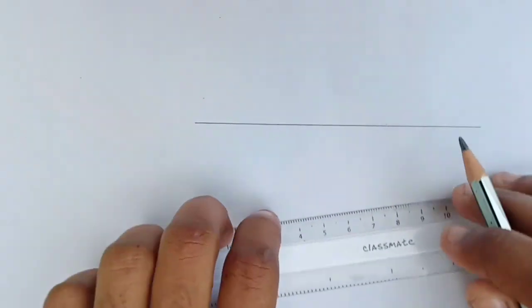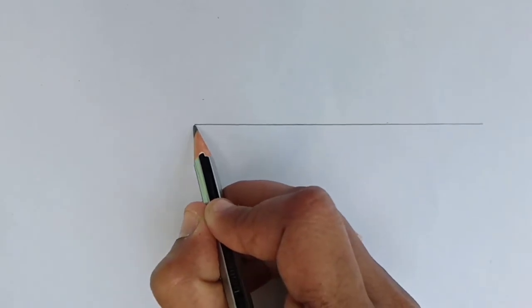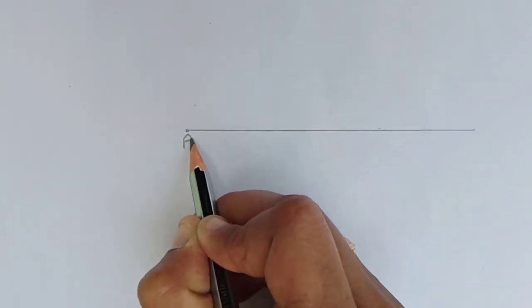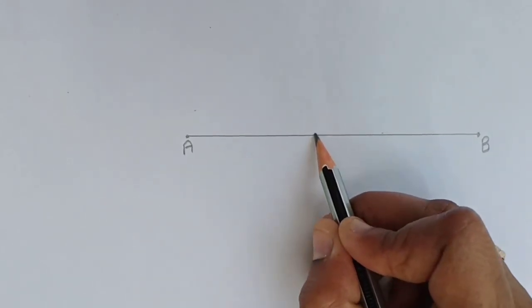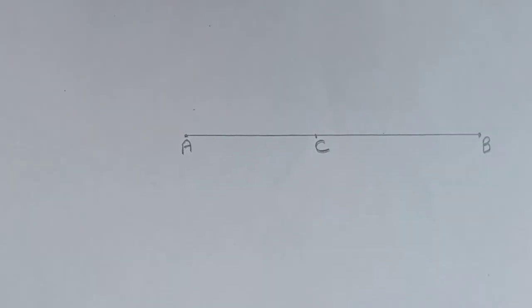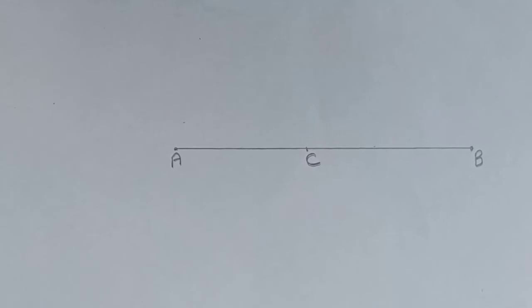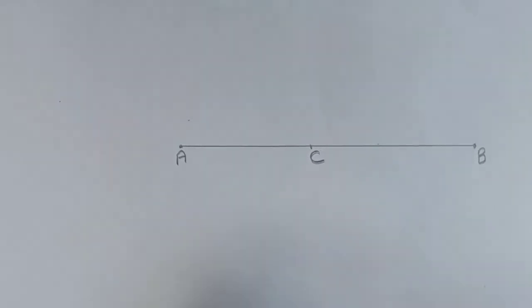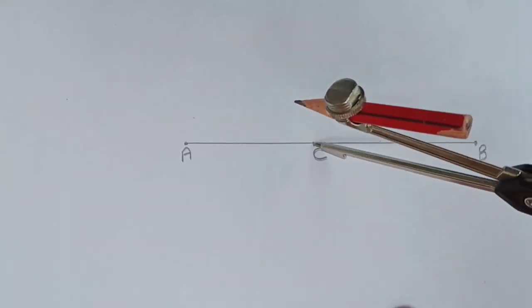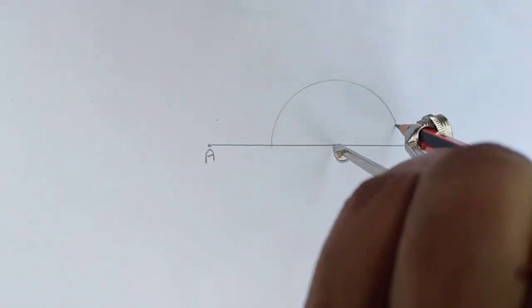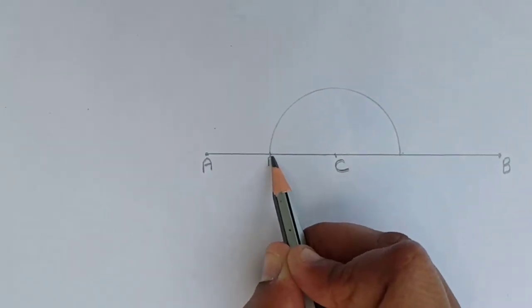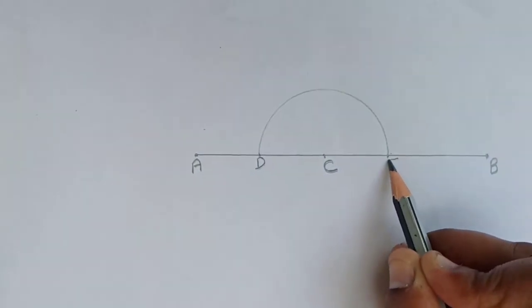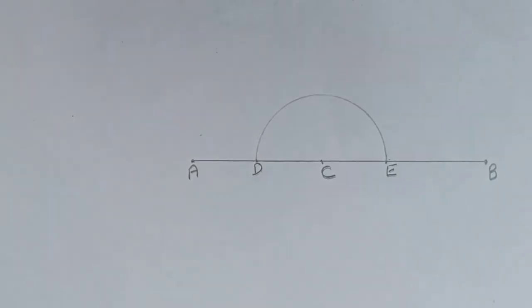Draw a line segment of a convenient length and label the points A, B and C. By taking any convenient radius with C as center, draw an arc and label the points D and E on AB.